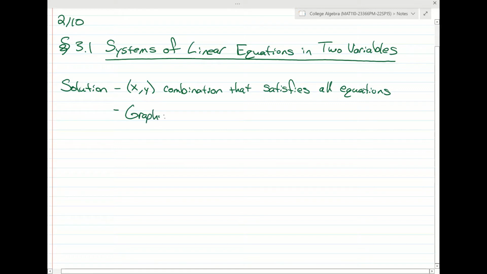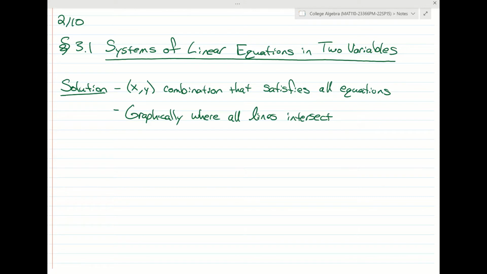Graphically, where all lines intersect. So that's a solution.